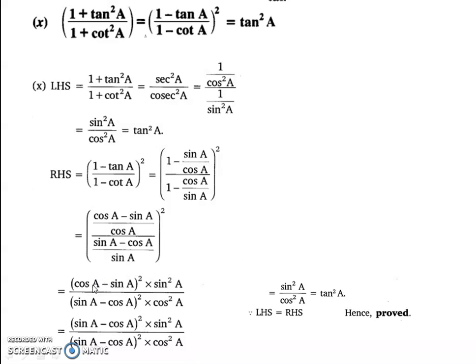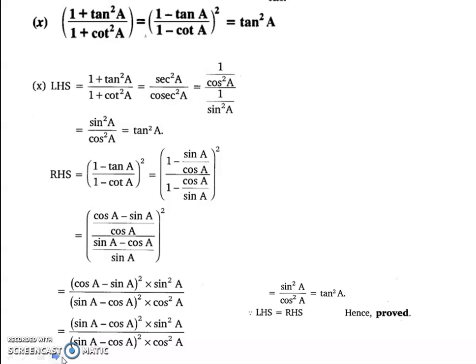Students, I am talking about this term. You can see (cos A minus sin A) the whole square, and in the next step you saw (sin A minus cos A) the whole square. Why did I write it as equal? Because it has a square term here. Inside the square term, if you rearrange the terms also, it is equal.